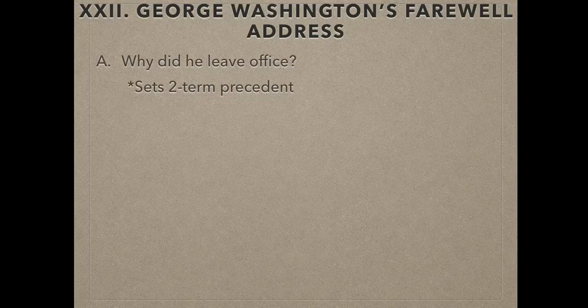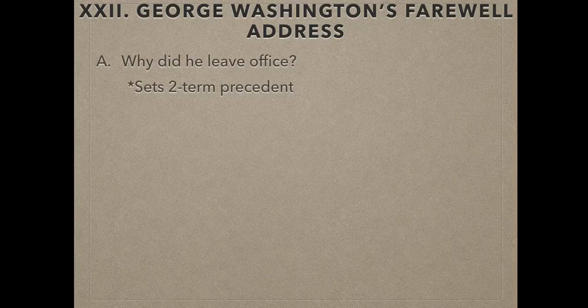So basically, Washington didn't necessarily want to be president, and he certainly had dreams of retiring often, going back to his home, his plantation, and really just being finished with public office. But he saw it as his duty to his country, and so as a result, he does serve both times.